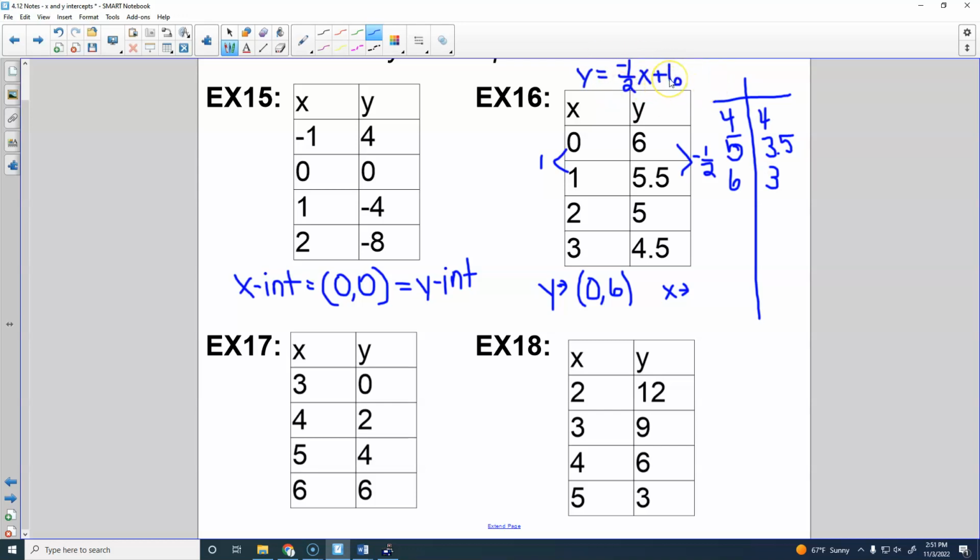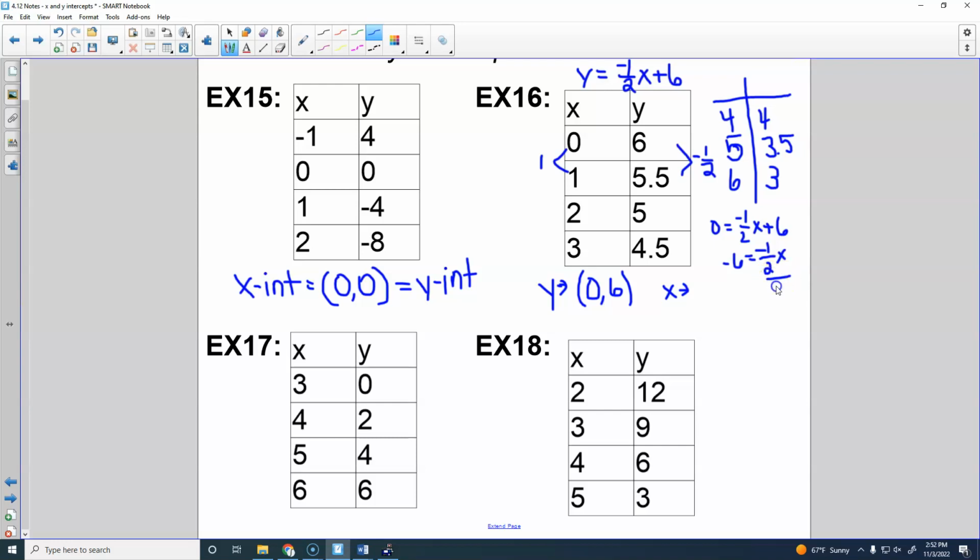And then if we're looking for the x-intercept, we plug in 0 for y. So we could do 0 equals -1/2 x plus 6. You're going to subtract that 6, so you'll get -6 equals -1/2 x.